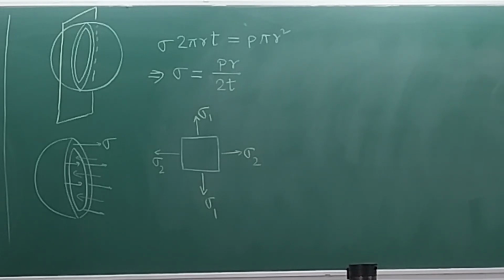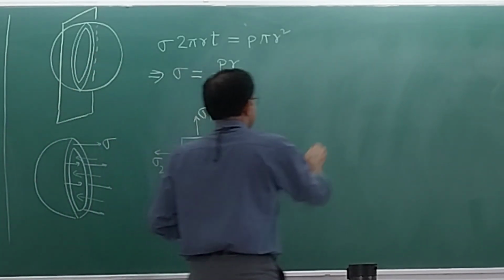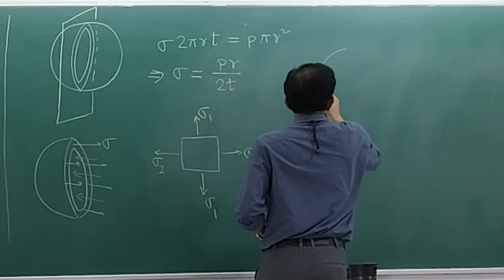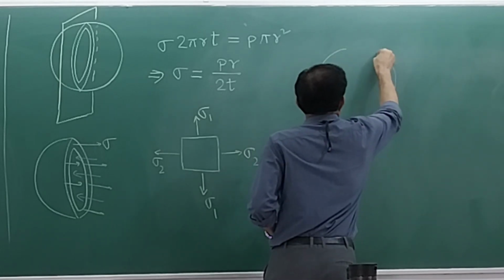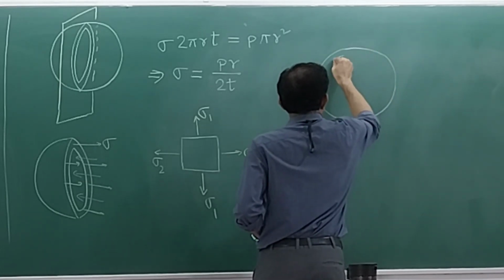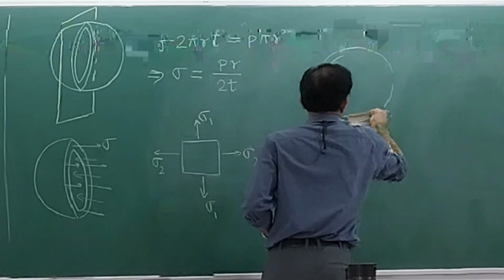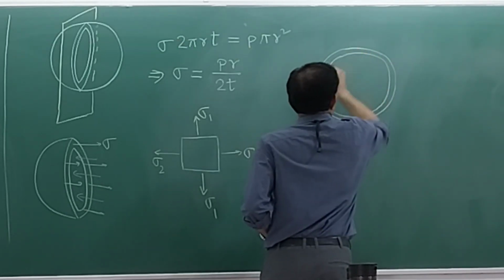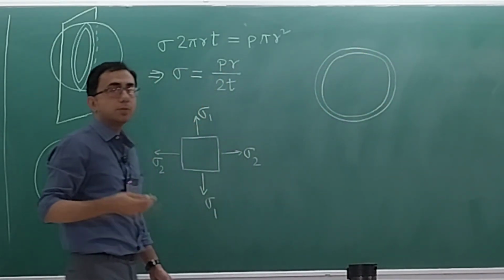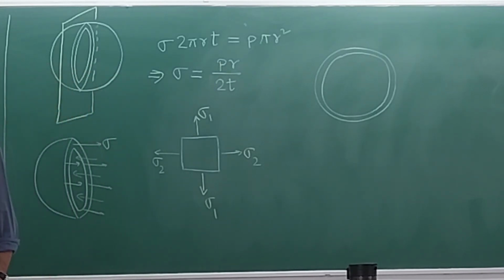Now, what kind of a geometry is a circular cylinder? If you look into the cylinder, what will it look like? It looks like a circle. Please accept that this is a circle. In terms of your first year maths and maybe even before that, what kind of symmetry does it have?